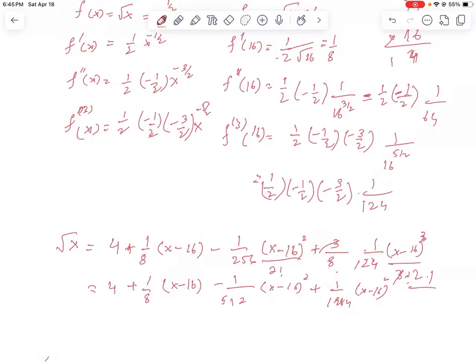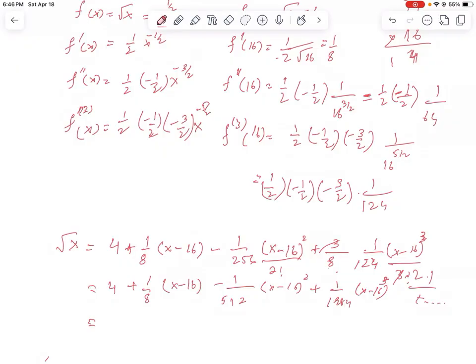Okay, now notice here, since I multiplied these numbers out, now I cannot really see the pattern here. So we have to write only up to the cube, for it's a polynomial of degree 3.